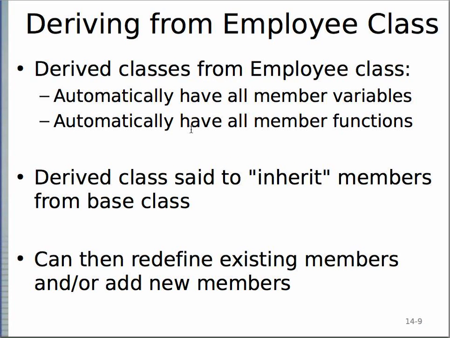So when you derive a class from a base class, so for example, hourly employee is derived from employee, you automatically get all the member variables and all the member functions. So the derived class, we say, inherits from the base class. We can also, in the derived class, redefine all of the existing members that we got from the base class, or we can add our own new members.